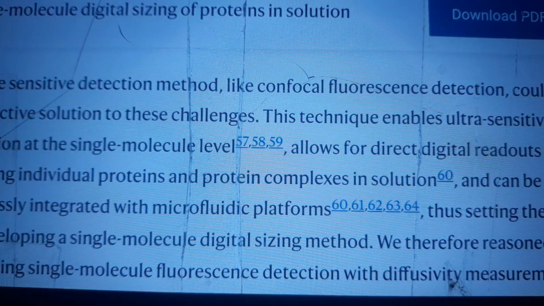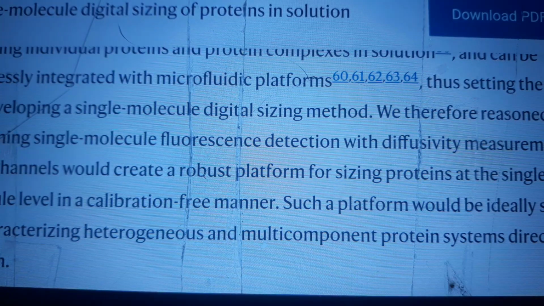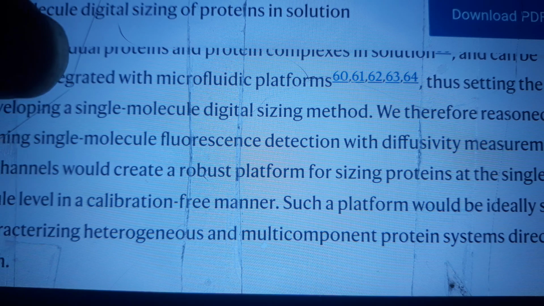A more sensitive detection method like confocal fluorescence detection could offer an effective solution to these challenges. This technique enables ultra-sensitive detection at the single molecule level, allows for direct digital readouts by counting individual proteins and protein complexes in solution, and can be seamlessly integrated with microfluidic platforms, thus setting the stage for developing a single molecule digital sizing method.